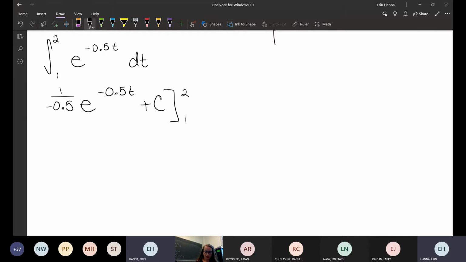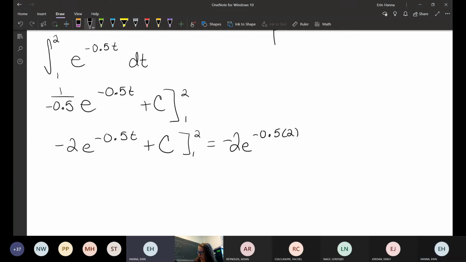Now, 1 divided by negative 0.5 would end up being negative 2. Oh, maybe I know what's tripping you up, possibly. So if we plug in our top bound and subtract what we get when we plug in our bottom bound. This one's going to come out a tiny bit more complicated.